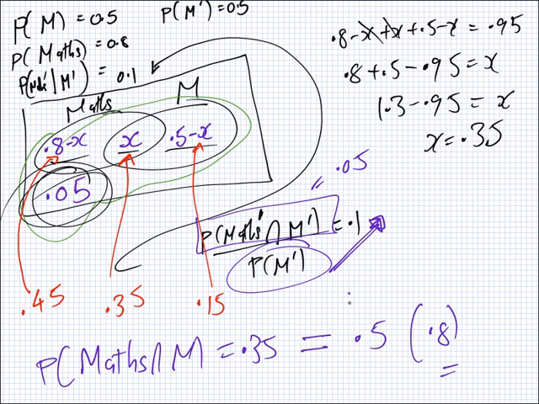No. This is probability male and this is probability maths. Well, what's this equal to? 0.4. Are they the same? Not independent. Yeah? So we say there's an interaction between gender and studying maths.